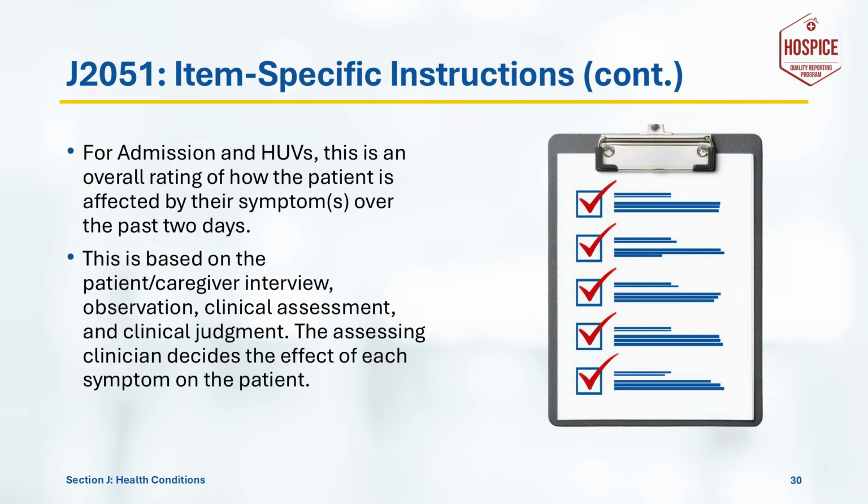The clinician should rate each symptom based on the impact to the patient over the past 2 days. To code this item, the clinician can use patient or caregiver interviews, observation, and clinical assessment and judgment.